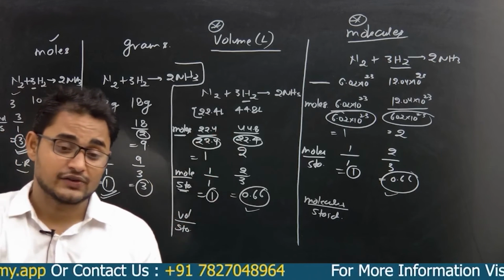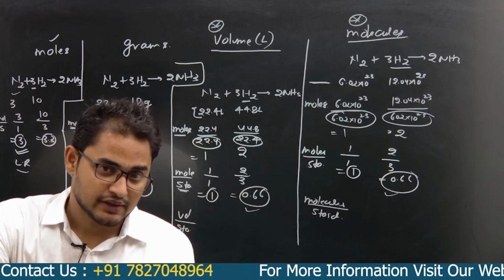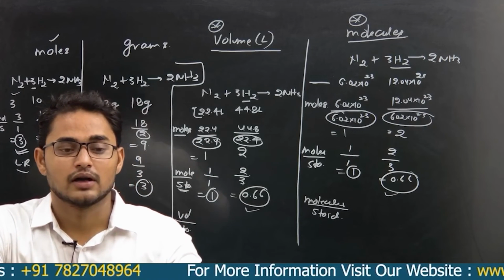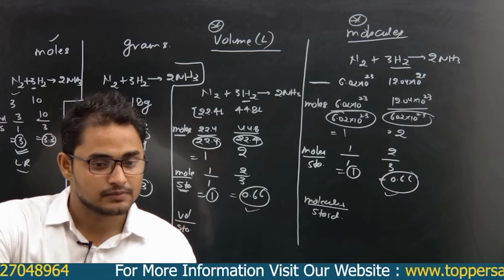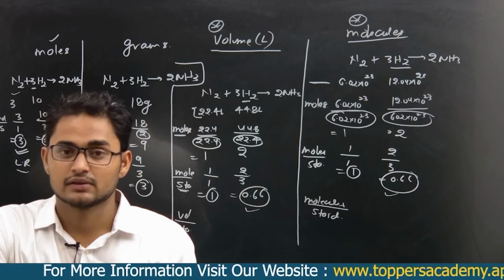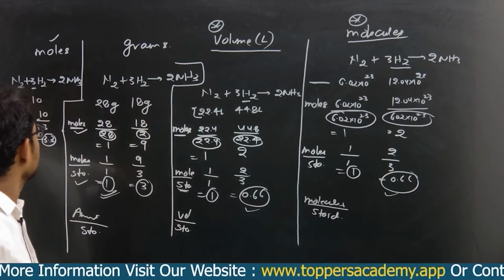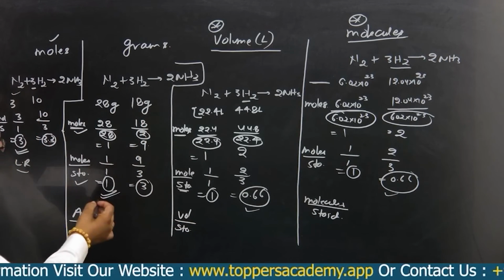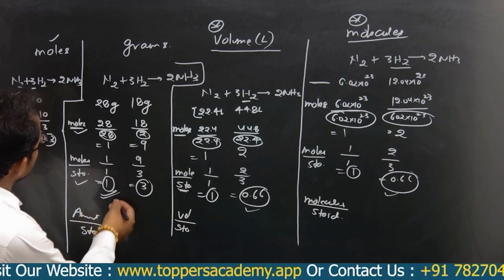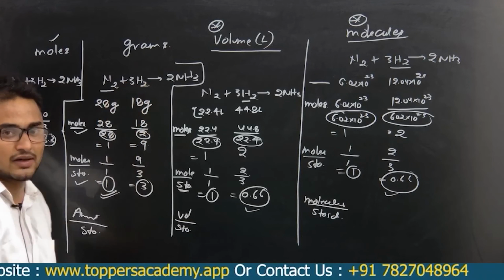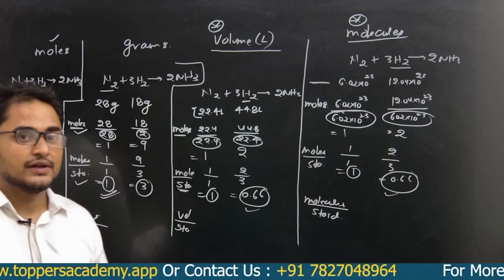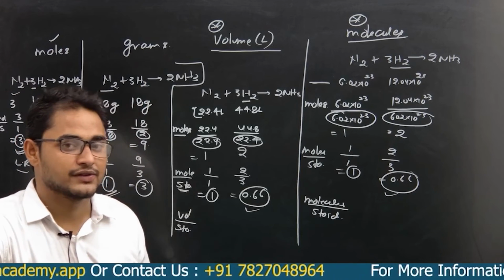The excess reagent is the reactant other than the limiting agent. Suppose in this equation the limiting reagent was N2, so H2 is the excess reagent, which is present in excess.